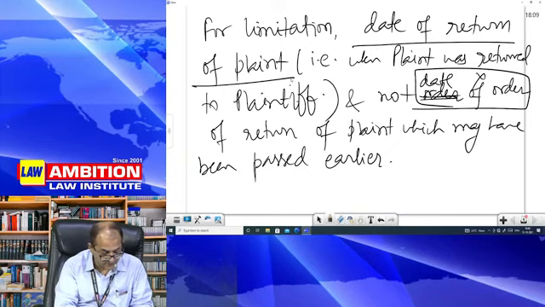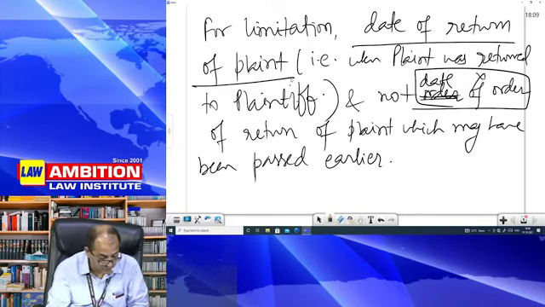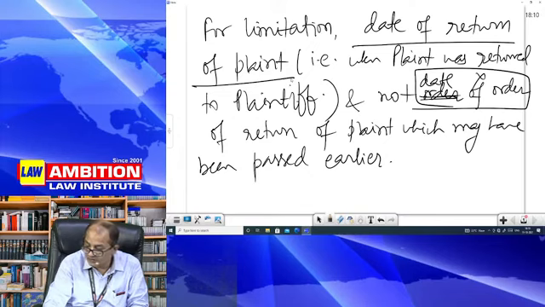The apex court held that where the plaint is returned under Order 7 Rule 10 of the CPC and presented before the court of competent jurisdiction, the plaintiff is entitled to exclude the time during which he prosecuted the suit before the court having no jurisdiction in view of Section 14 of the Limitation Act, and by no means can it be held to be a continuation of the earlier suit after such presentation. It is not a continuation of the suit.